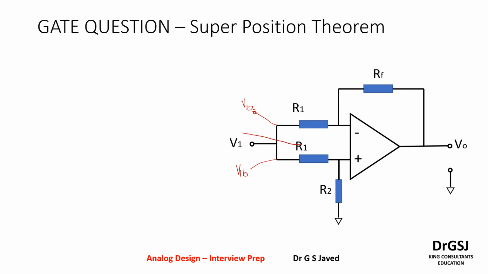Now since V1 is shorted, this is an easier approach to follow. So to begin with, the superposition theorem states that the total output V0 is given by the individual responses of voltages V1A plus V1B. Now V1A is going to the negative terminal of the op amp.